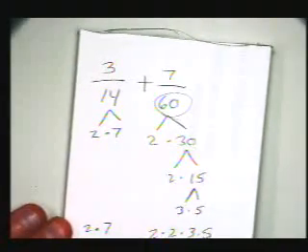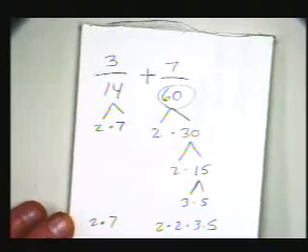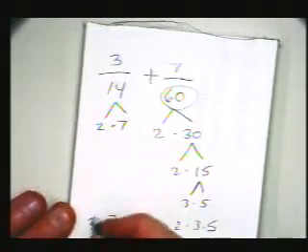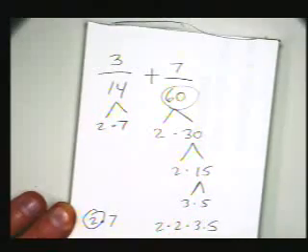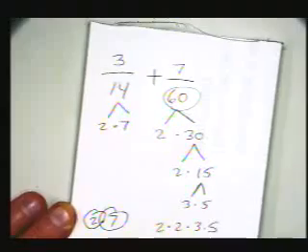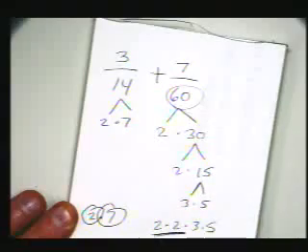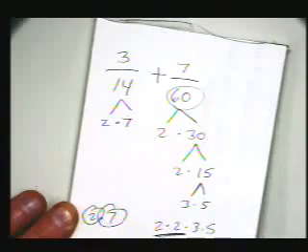So to get the least common denominator, we need a 2, so we'll put a 2 over here. We need a 7. Got to have a 7 in our least common denominator. Oops, we need 2 2s, don't we? So we got to throw in another 2, because 60 has 2 factors of 2 in it.